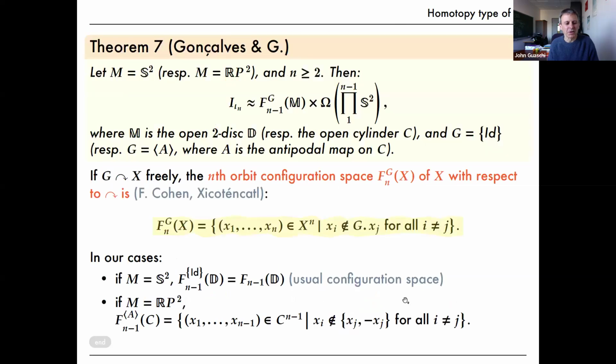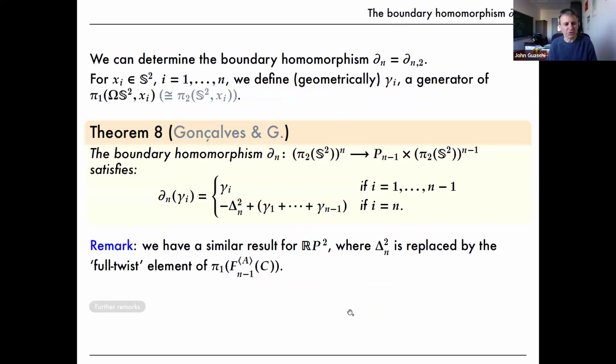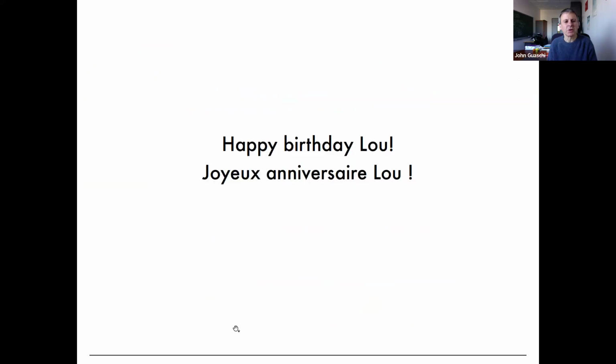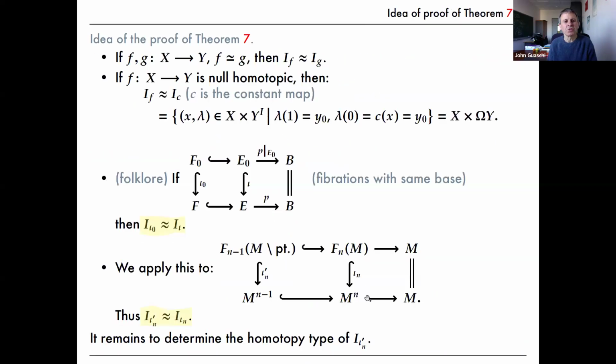And I wanted to show you some... okay, I'll skip that. I just wanted to say something very quickly about the idea of the proof, and where the direct product comes from. This is again general theory. If two maps are isotopic, then their homotopy fibers have the same homotopy type.